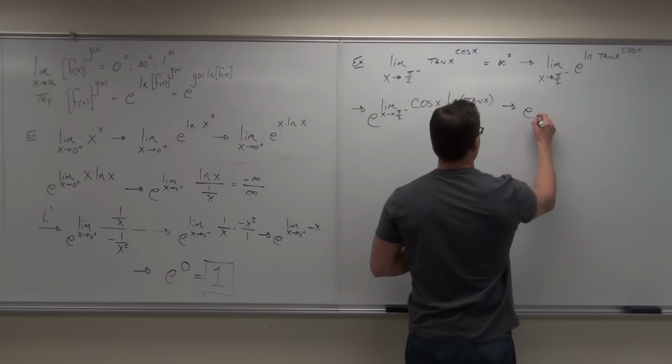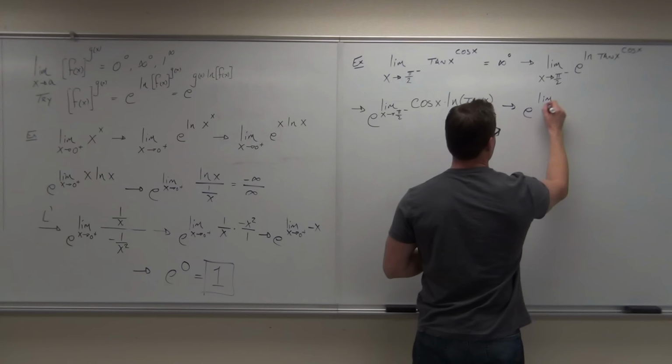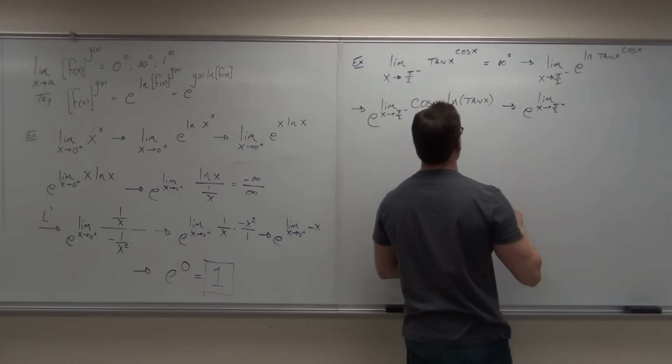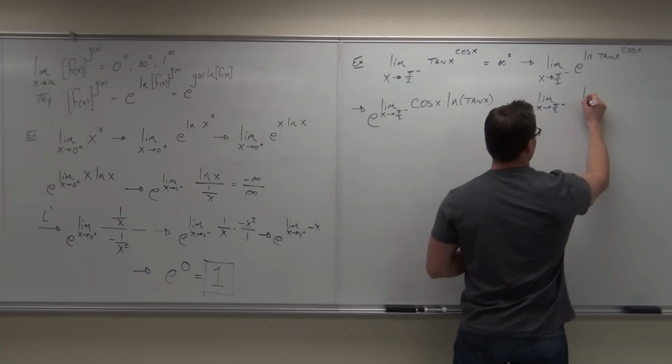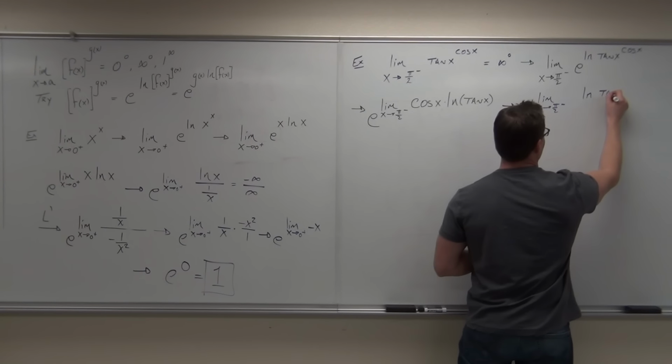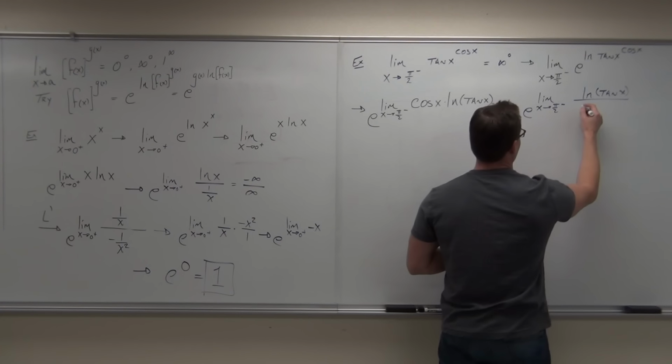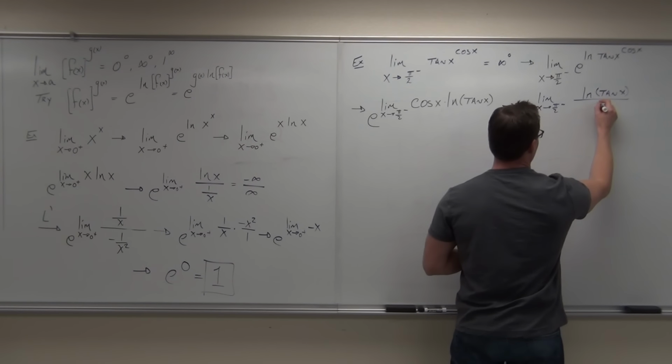So we still have the e. We still have a limit, x approaching pi over 2 from the left. We got ln. We got tan x. We got 1 over cosine x.